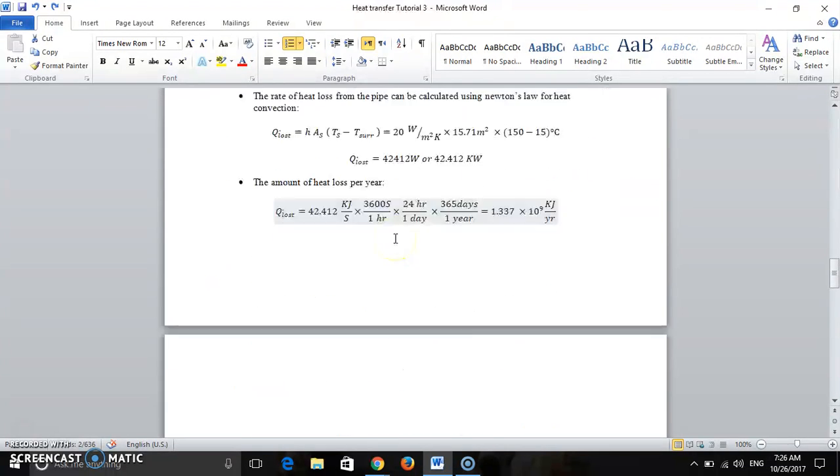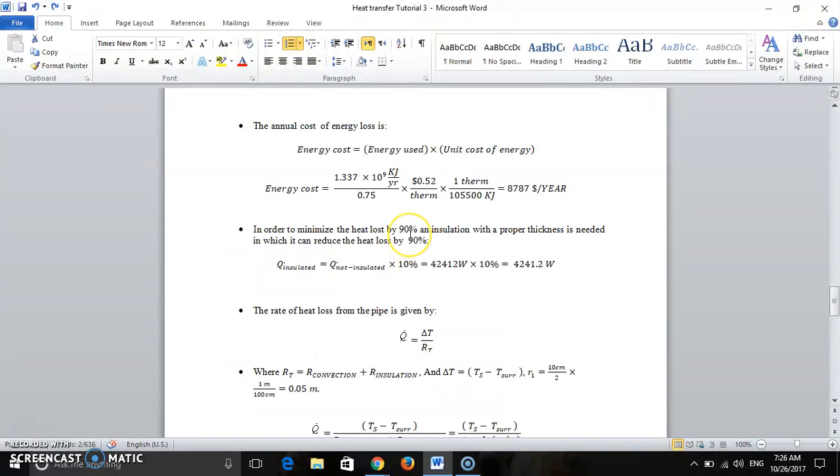Yeah, so if we proceed, in order for us to minimize the heat loss by 90%, we need to present some insulation to the pipe.